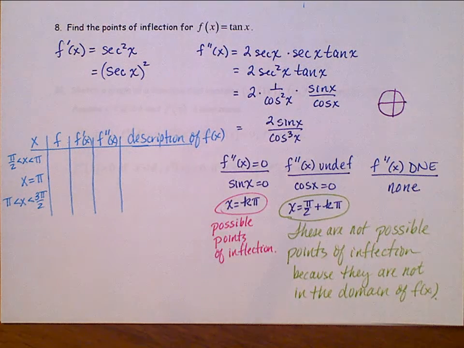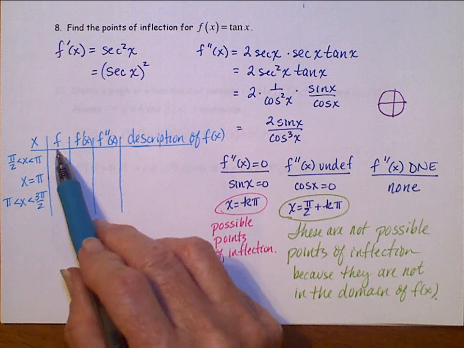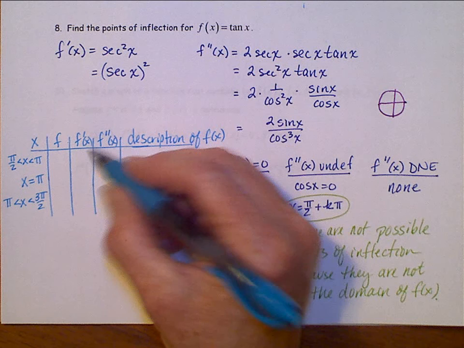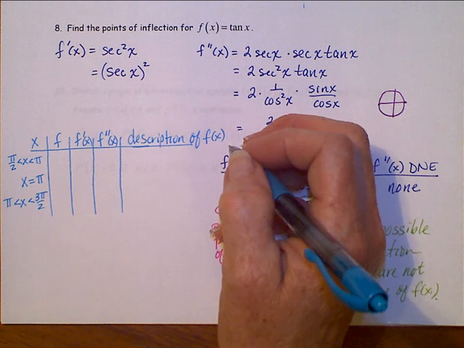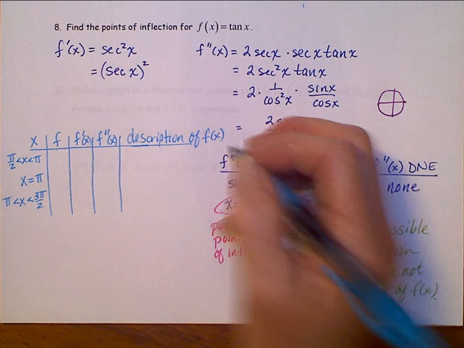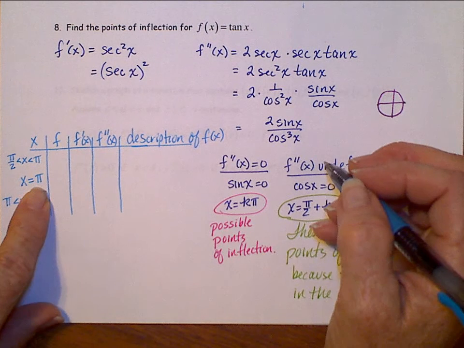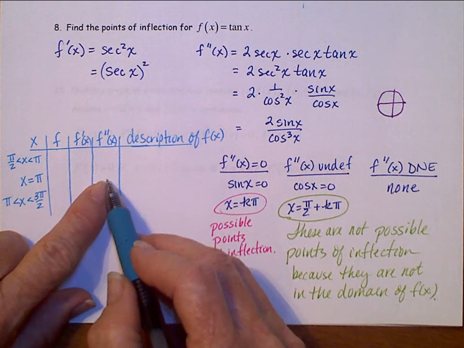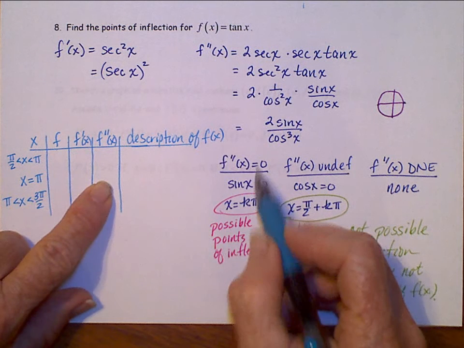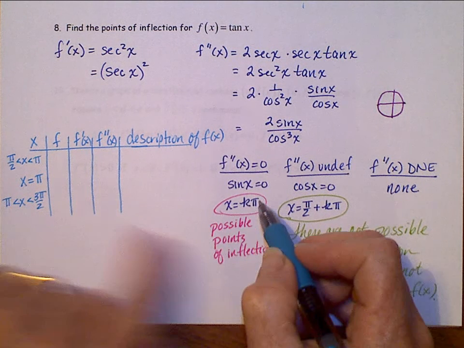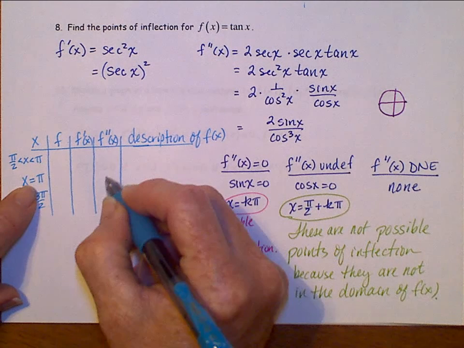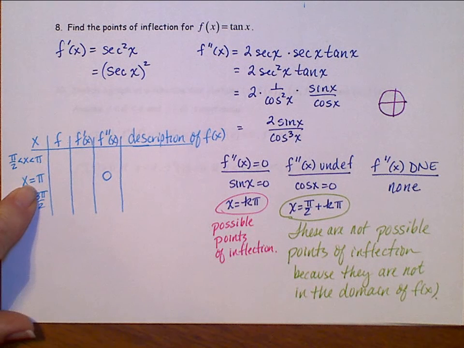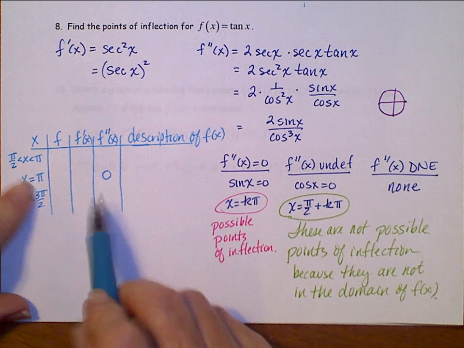All right. So our columns: x, f of x, f prime of x, f double prime, and description of f of x. All right, at pi, the second derivative at pi, well, it became a possible point of inflection because that's where the second derivative was 0. So that's 0. All right, now think unit circle.